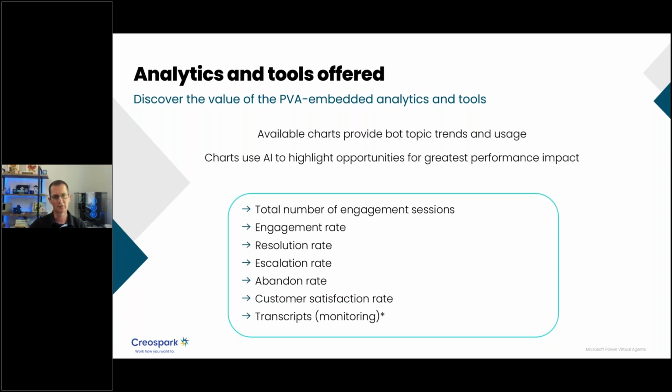There are also the transcripts, which I put a star on for a couple of reasons. One is you have to turn it on. Two is that's where you get closer to the compliance concerns, where you are storing this data. But what's really nice about transcripts, and in my demo I do have it turned on, is that you can then see how someone is interacting with your bot so that you can help make it better, right?